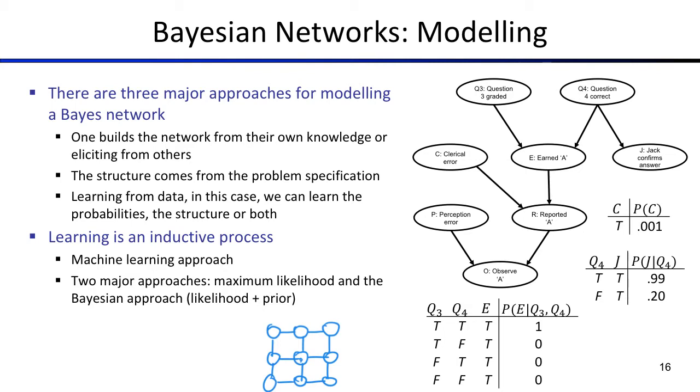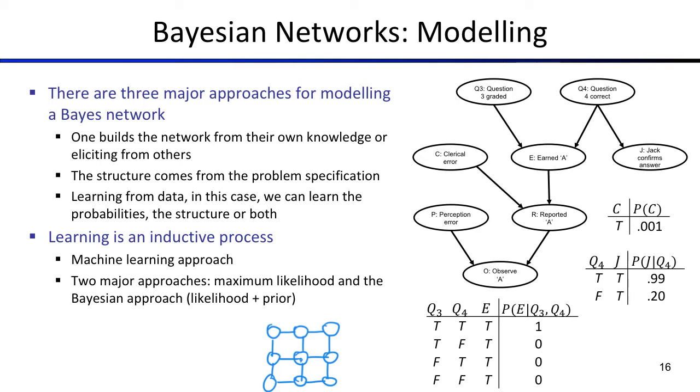So we have these 2 ways of doing it. Actually, these 3 ways of doing it. Actually, when we are working with this machine learning approach, we can learn just from the data. So we can complement these methods by using a combination of them. We can elicit the structure by talking with an expert and learn the probabilities, which we call the parameters, from data.